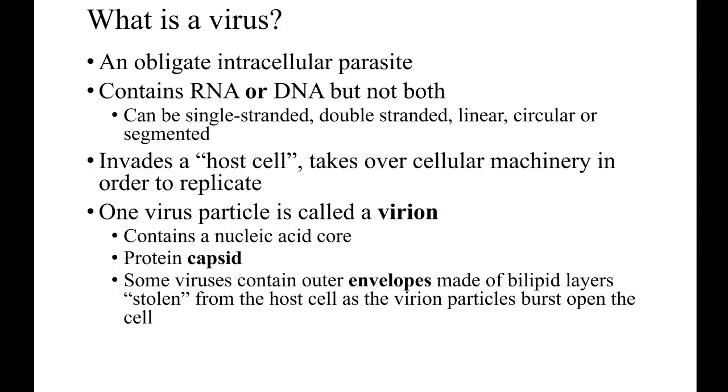As they lyse the cell, blow open the cell, they wrap themselves in that cell membrane, and that becomes an envelope. We'll talk about some of the advantages and disadvantages of having an envelope.